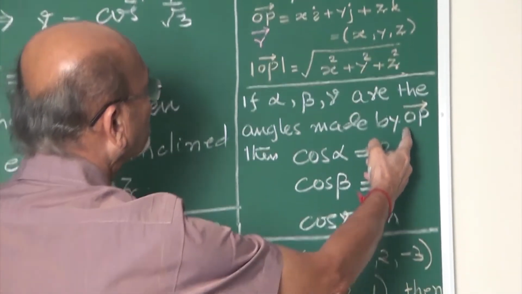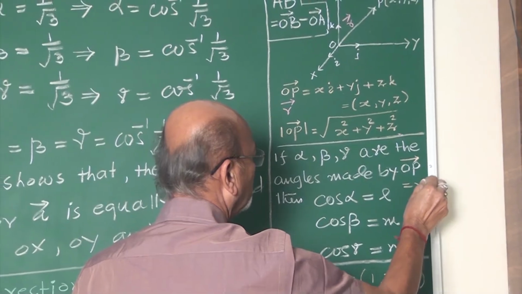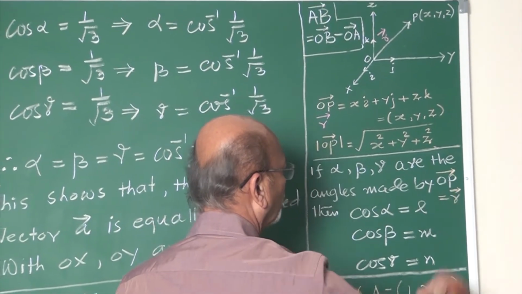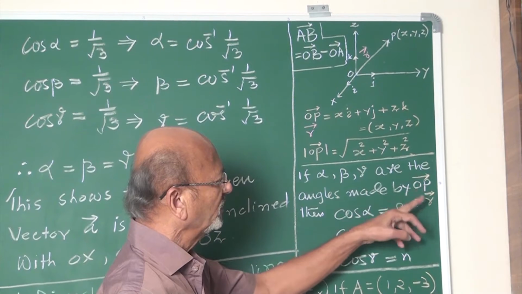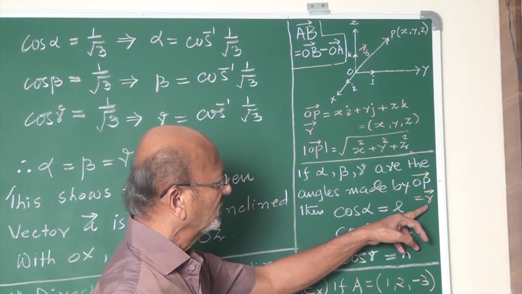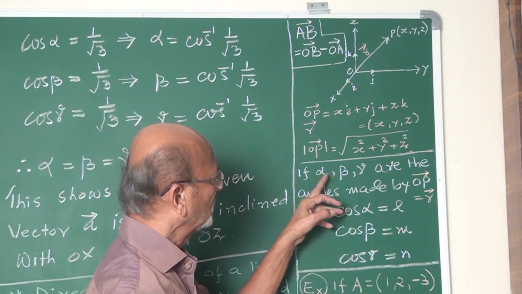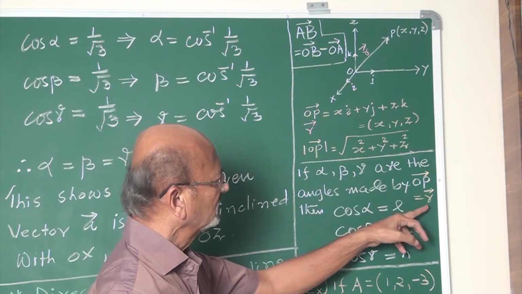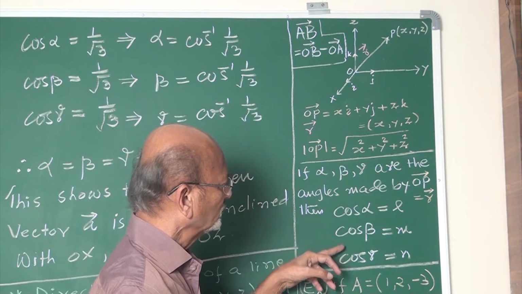This vector OP is nothing but vector r, the position vector of the point P. Therefore, cos alpha, cos beta, cos gamma are the direction cosines of the vector r.